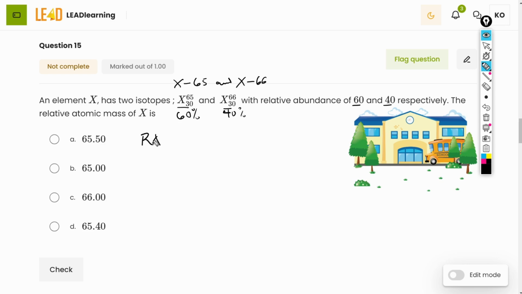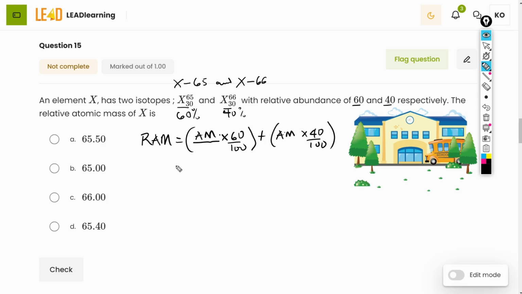Relative atomic mass is equal to the atomic mass times the relative abundance, which for the first element is 60%. Now 60% is same as 60 over 100, plus the atomic mass of the second isotope multiplied by its own relative abundance, which is 40%.